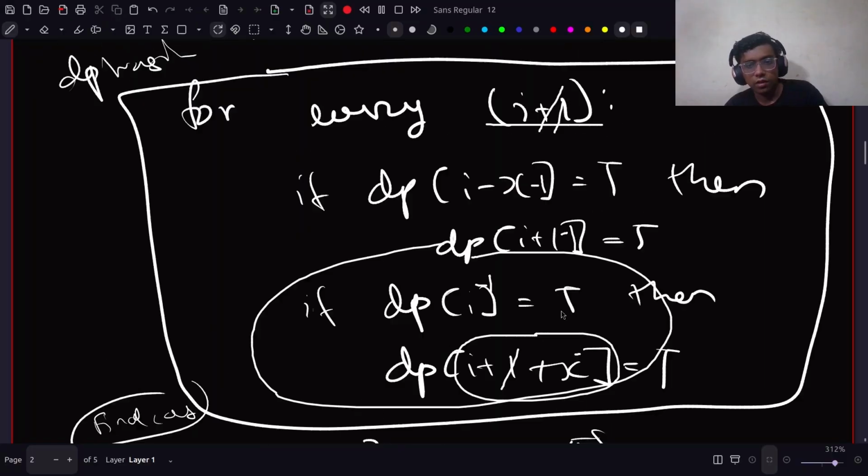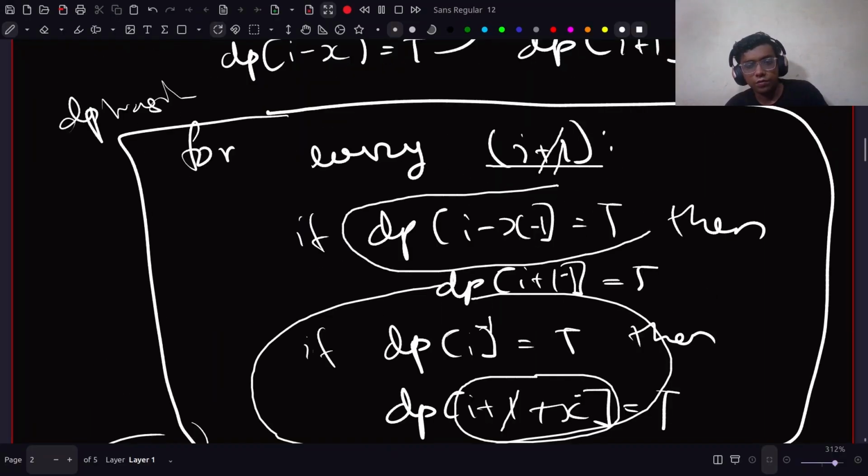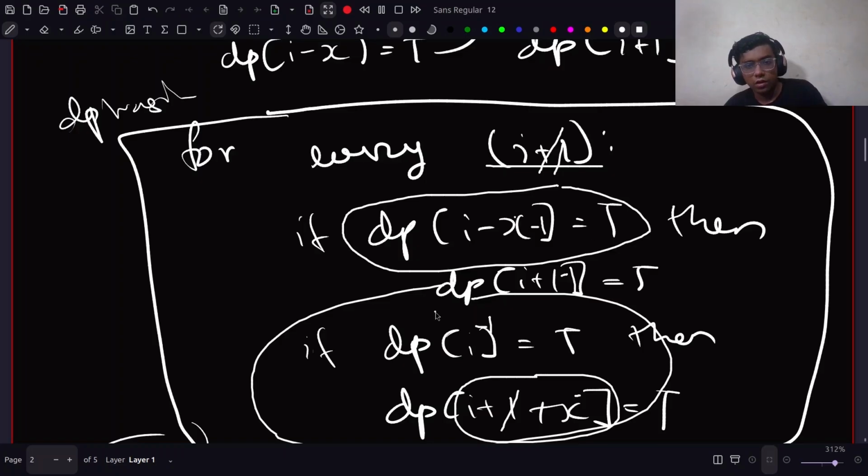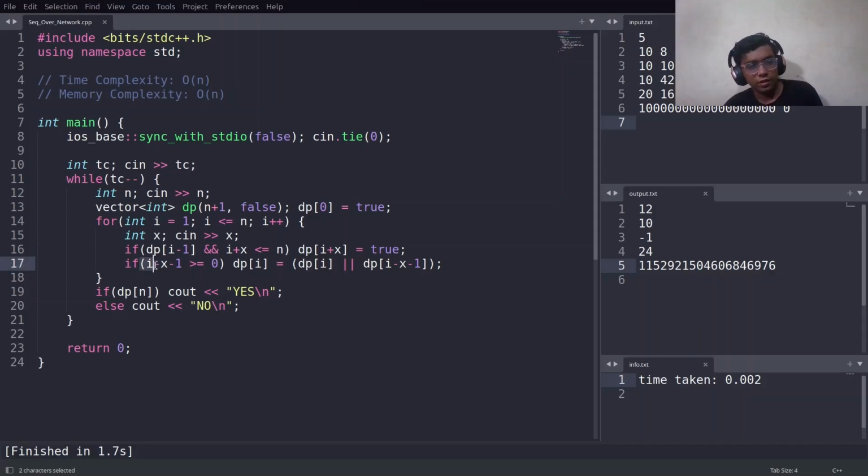And if dp of I minus x minus 1 is true, this is also true. So I've written it in this way: if I minus x minus 1 is greater than or equal to 0, then dp of I can be equal to dp of I or dp of I minus x minus 1. So pretty straightforward. And the output is also simple: if dp of n, yes, otherwise no.